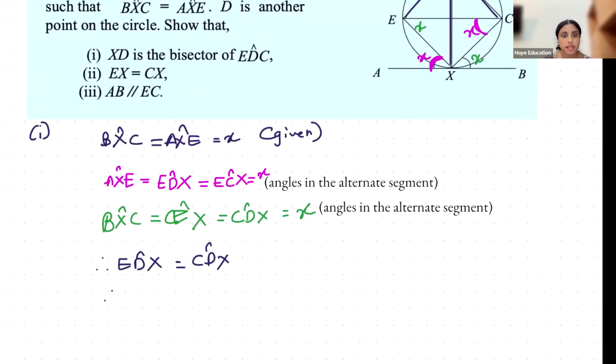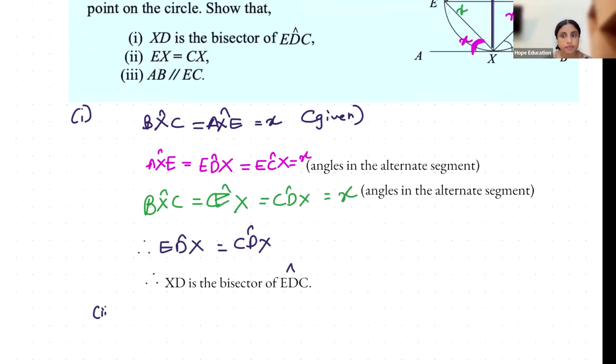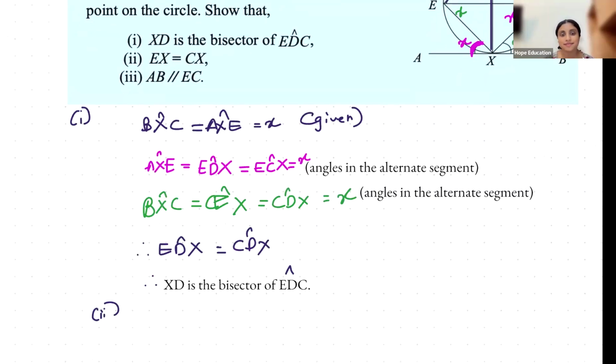Therefore, I can say XD is the bisector of angle EDC. Is that clear, children? Give me a thumbs up. Is it clear?